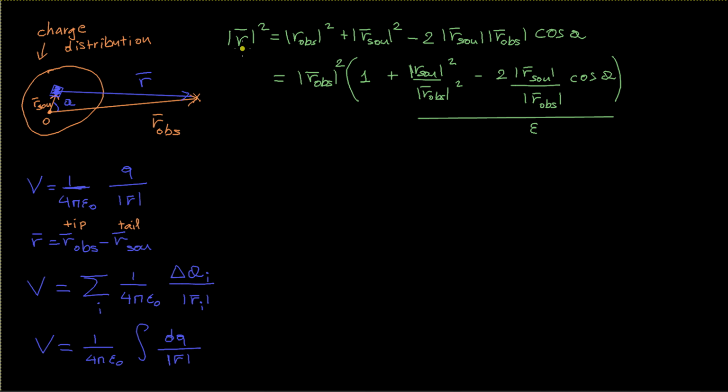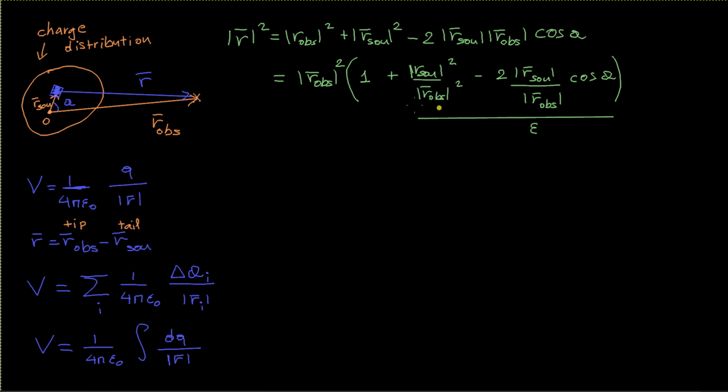So the relative position vector r, which is what I need when I do the integral, is r obs, which goes from the origin of the coordinate system to the observation location, times the square root of 1 plus epsilon.